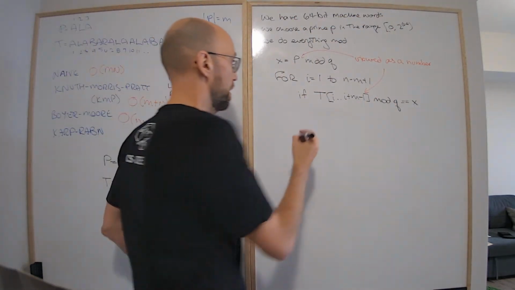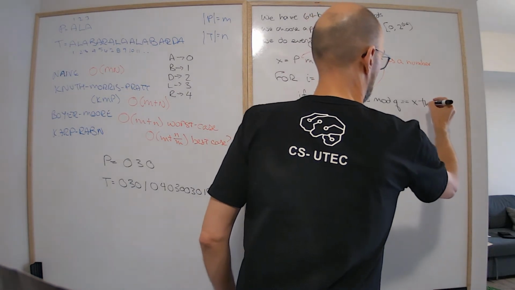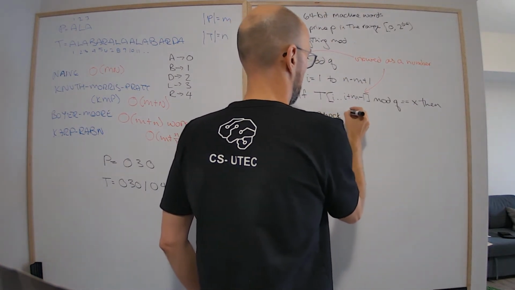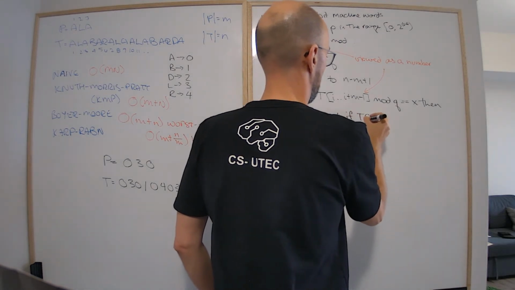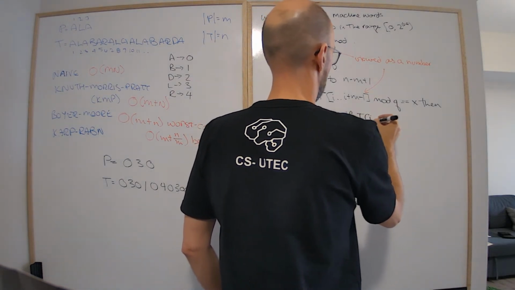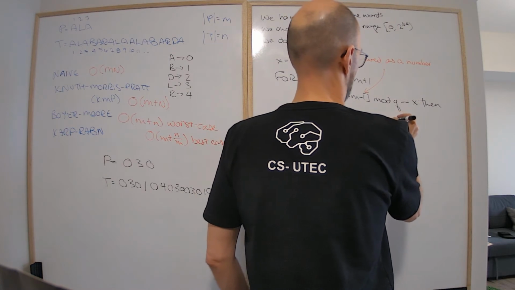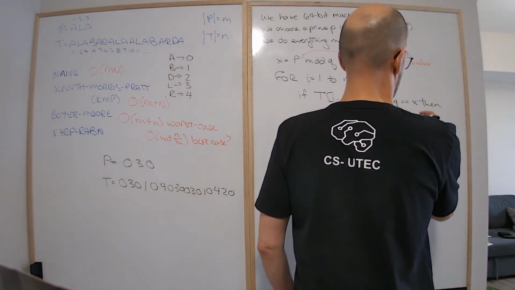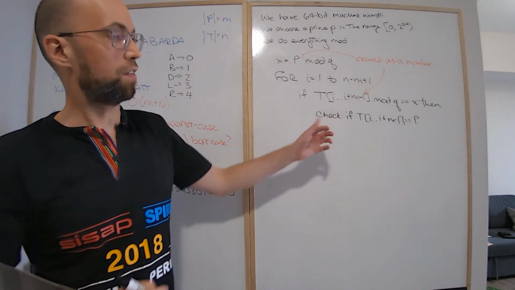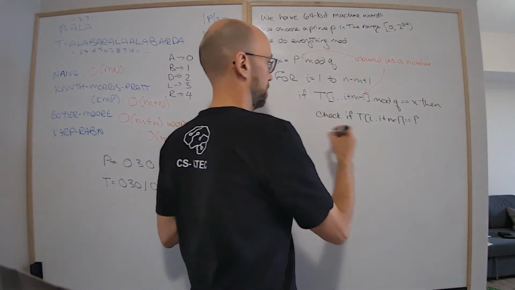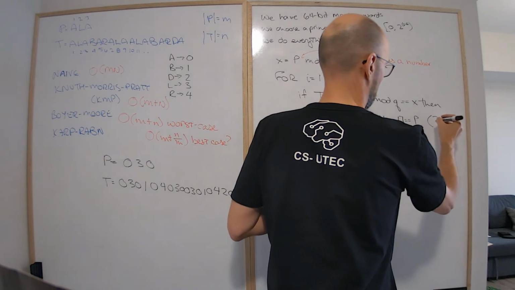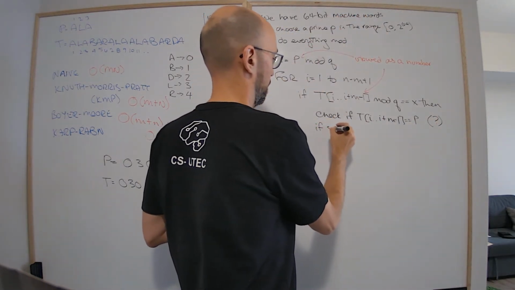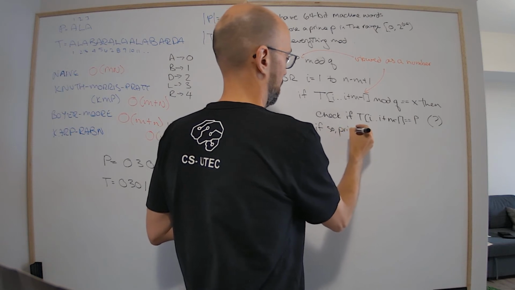Then check if t[i to i plus m minus 1] equals p. So either you check this, or maybe you just hope, and then you say, if so, print i.